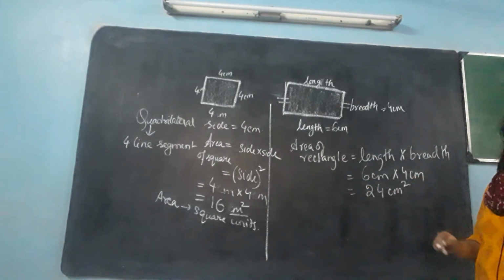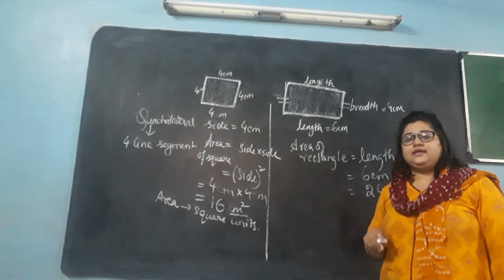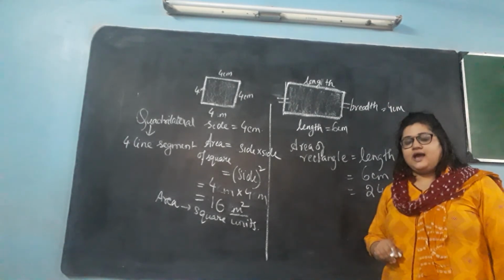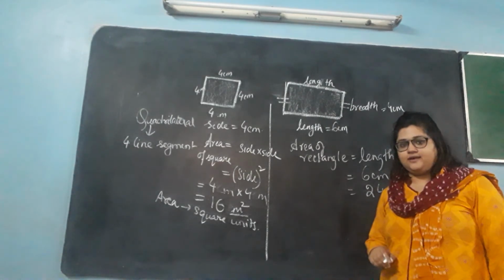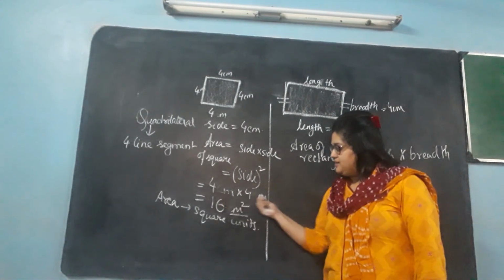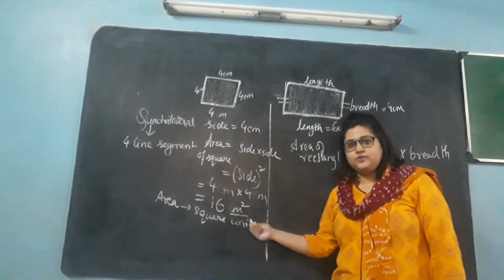And in this way we come to the answer of how much space is inside the figures. And one thing that you have to remember whenever you are finding area, the units are multiplied 2 times, so the answer will have square units.